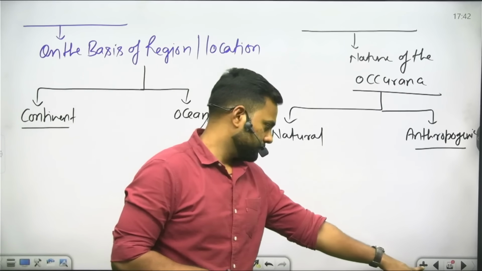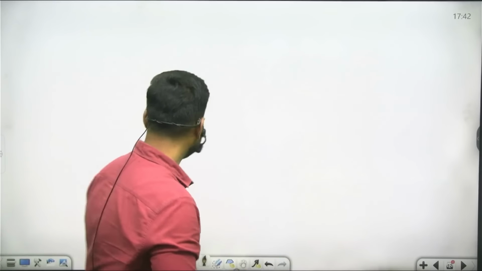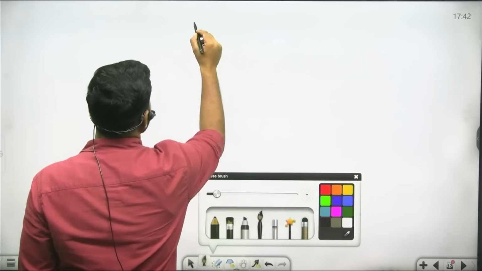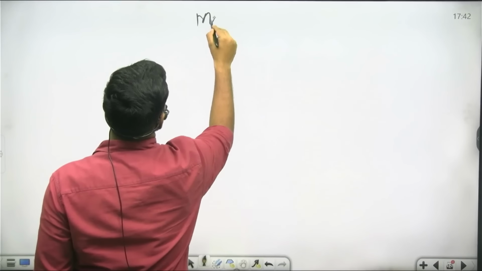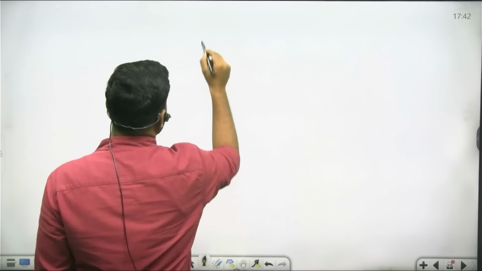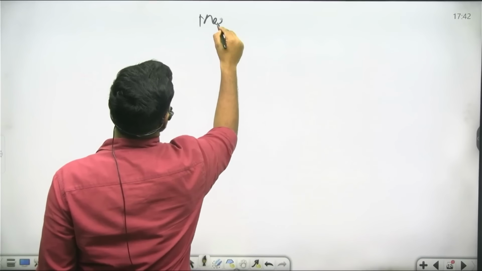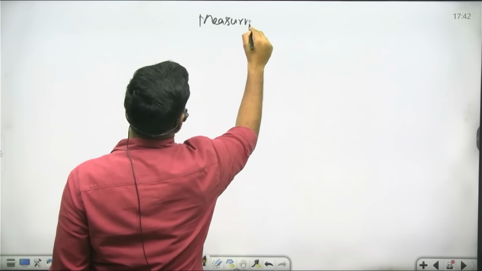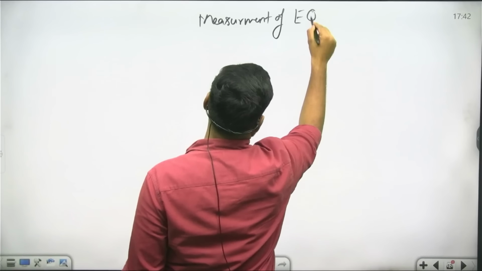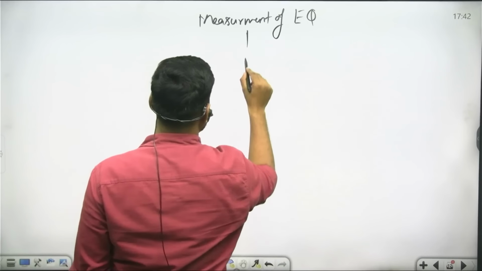Now the next one is the measurement of the earthquake. You can say the scale, या measurement ही लिख लो. Measurement of the earthquake.